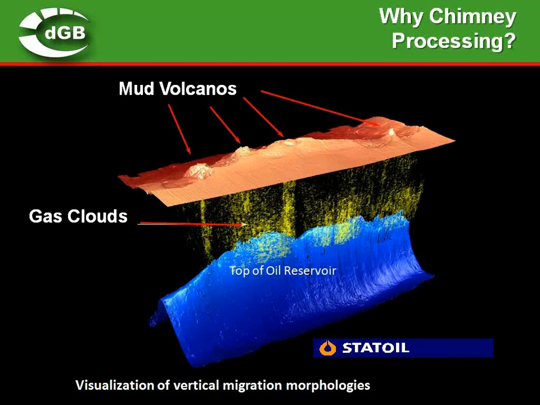And again, we can make inferences about seal and so forth from this, in that a lot of times when we see these diffuse gas clouds, they indicate very modest flux rates, where these mud volcanoes or blowout pipes may represent higher flux rates of hydrocarbons.